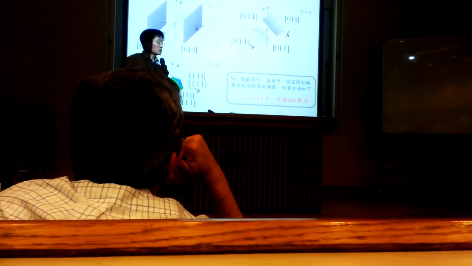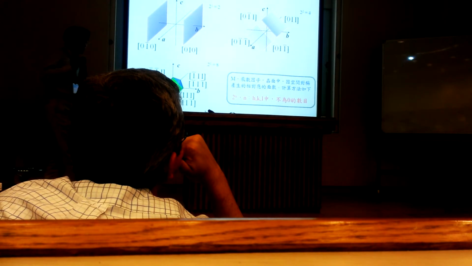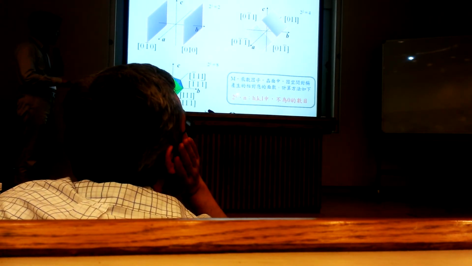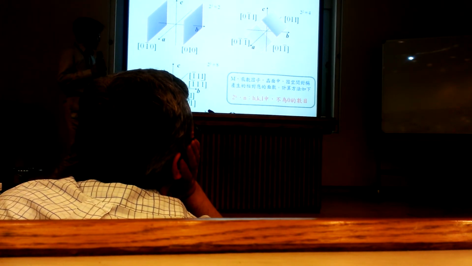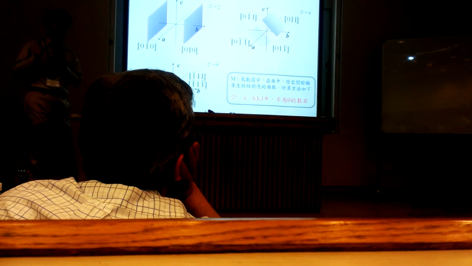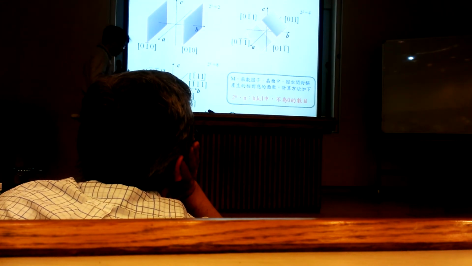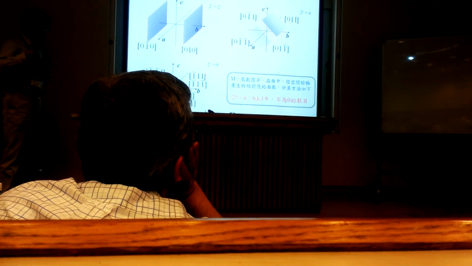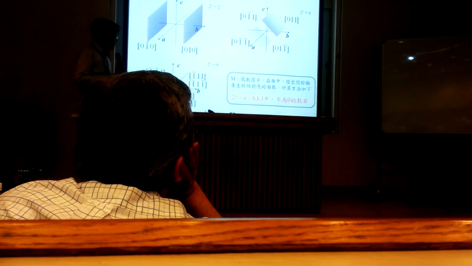The rule is you can simply multiply by 2 to the n, where n is the number of non-zero numbers in the Miller index. But this rule is not suitable for some structures like monoclinic or triclinic.